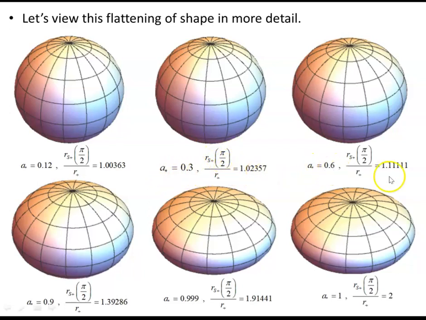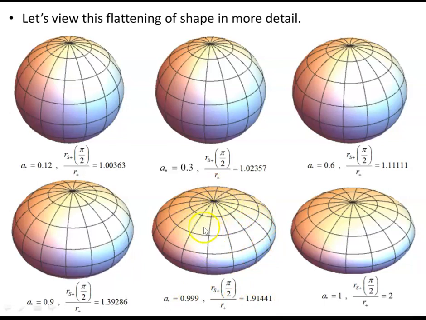A star 0.6, this one, increases again. You can see a little bit of flattening beginning to occur. Notice a star 0.9, and we see a bigger ratio again, and the flattening is a little bit more noticeable. And again, as we get to the extremal case, 0.999, it's very close to 2, and you can see a tremendous amount of flattening has occurred.